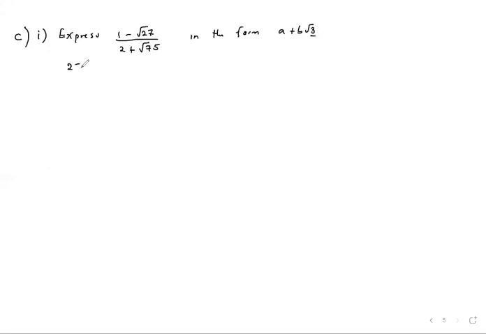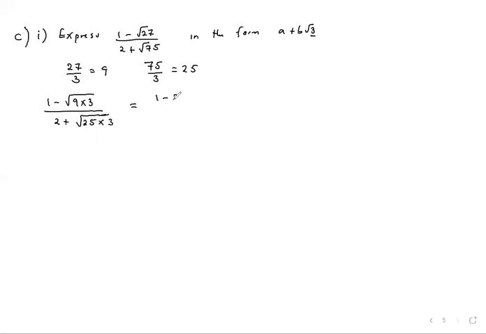You get 27 divided by 3, you get 9. You get 75 divided by 3, you get 25. Go back to the question and say 1 minus root 9 times 3, to mean 27, over 2 plus root 25 times 3, to mean 75.